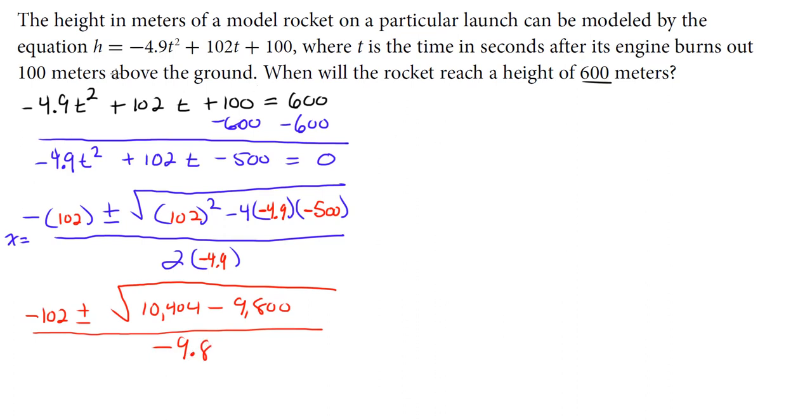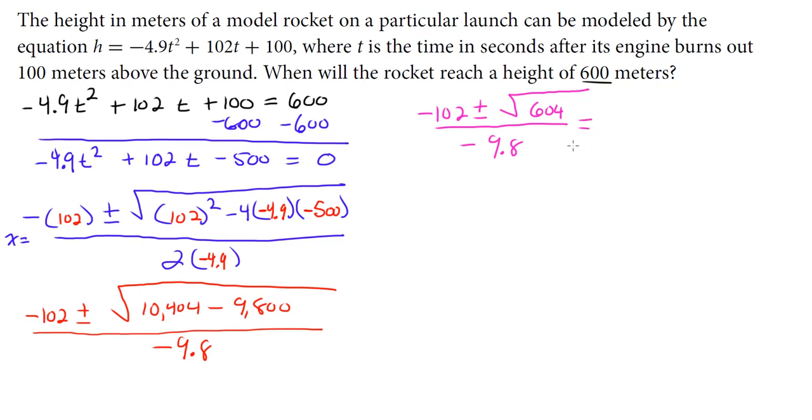Okay, so I'm going to finish this up here on the right hand side. And we have negative 102 plus or minus, and here we have 10,404 minus 9,800 is 604. That is over negative 9.8. And we can find the square root once again of 604.